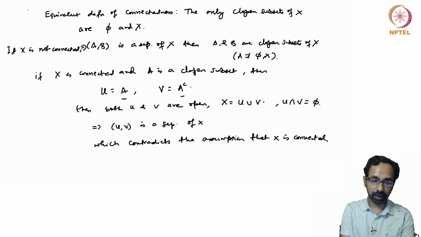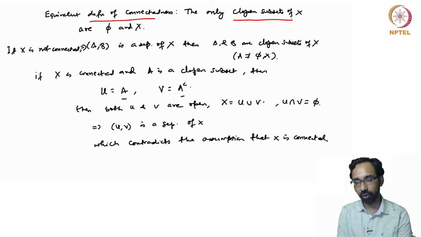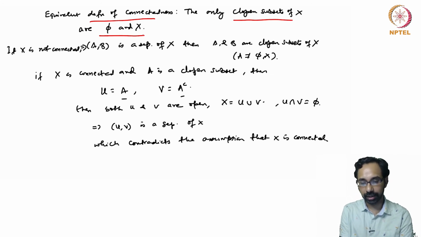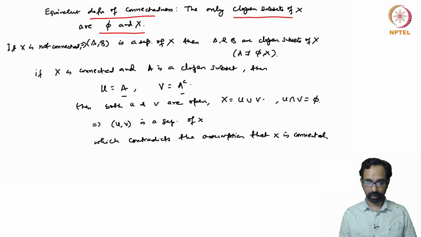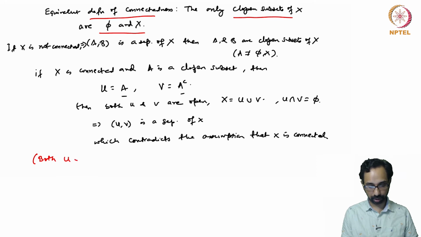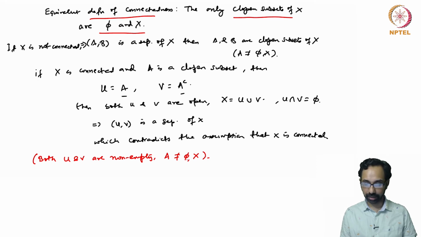So the equivalent definition of connectedness is to say that the only clopen subsets of X are the empty set and the set itself. Here notice that both U and V are non-empty precisely when A is not equal to either phi or X. So if A is equal to either phi or X, then one of them has to be empty.